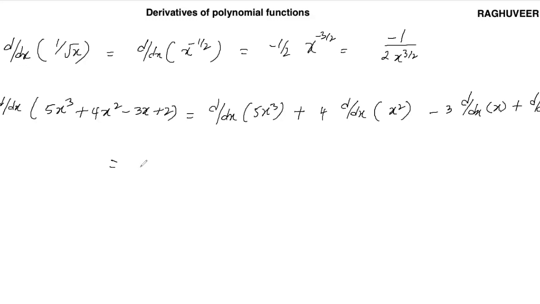So this will be 3 into 5, which is 15 x square. This will be 4 into 2, which is 8 x, and this is minus 3. And the derivative of the constant term is 0.